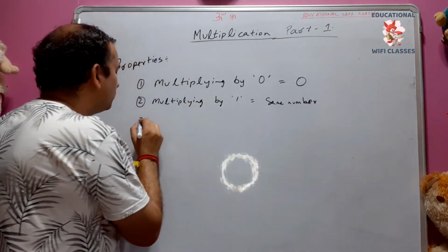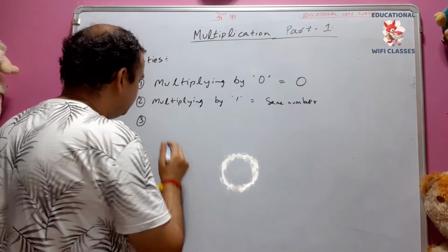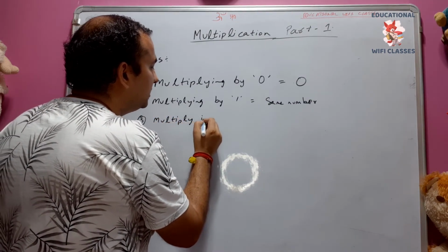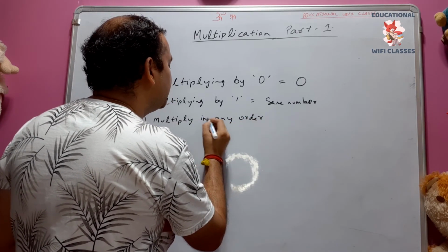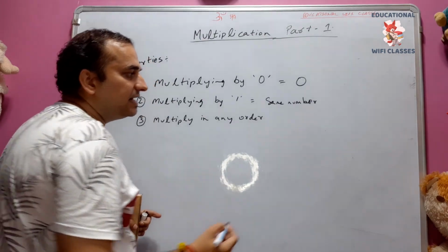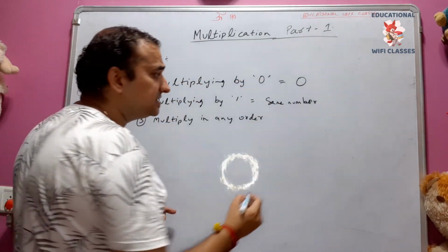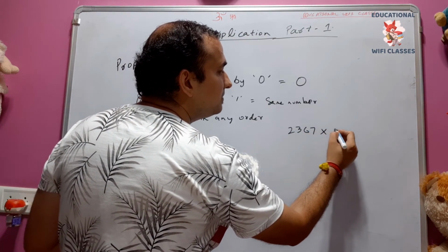And the third and most important property is that you can multiply in any order. What does it mean? First, we start with the first property. For example, I write down 2367 multiplied by 0.